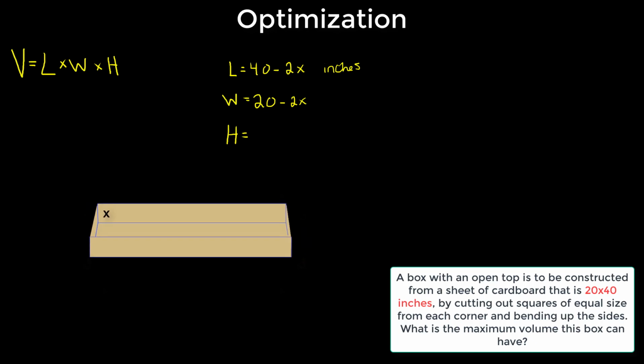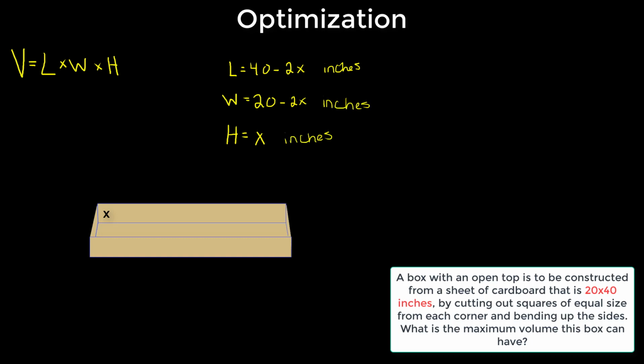After we take away those cuts and bend up the sides, it looks like that square cut, that X, is our height. And it is. That X is the height because we cut out those corners that were squares. And so if we were to bend up that side, well, that bend was X inches long.